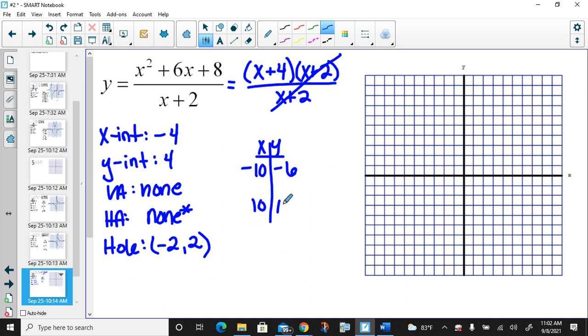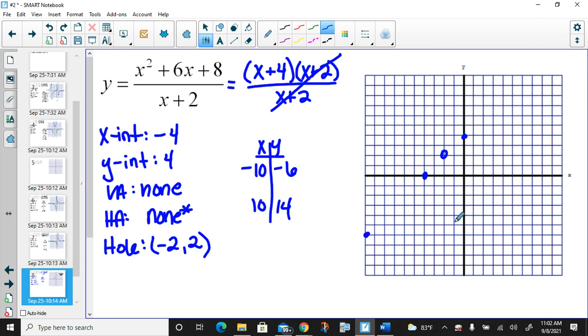When you plug in 10, you're going to get 14, which obviously is not on my graph, right? So we start plotting all of this stuff. Well, no asymptotes, but we have an x-intercept at -4, a y-intercept at +4, and a hole at -2, 2. We do have -10, -6.